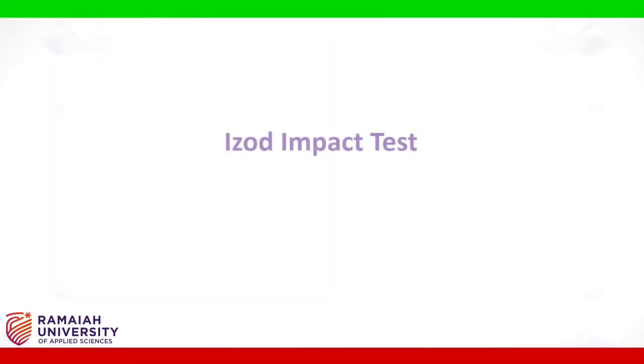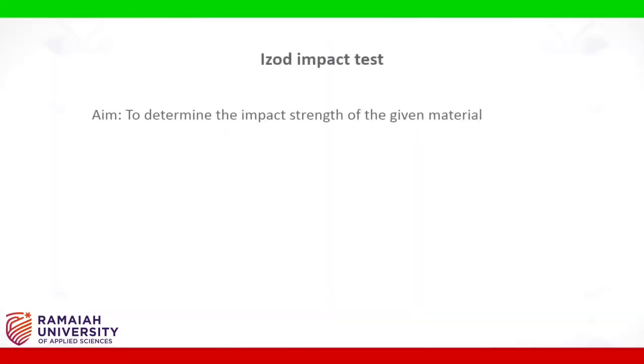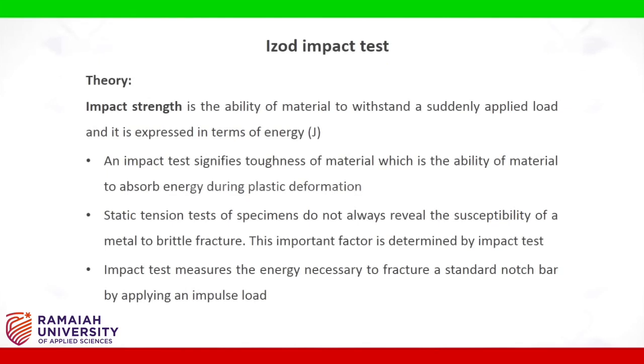Hi students, with this experiment we are determining the impact strength of the given material. Theory. Impact strength is the ability of a material to withstand a sudden applied load, and it is expressed in terms of energy in joules.